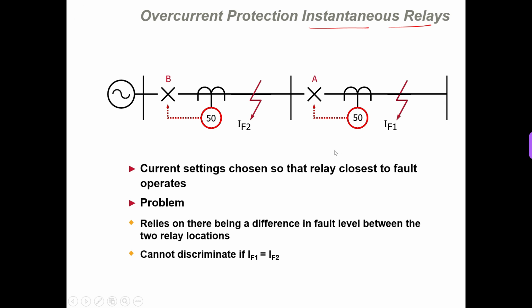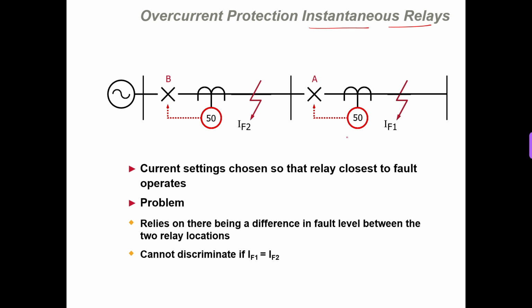Now what we do for coordination with instantaneous overcurrent relays is that we know that both these relays, RB, that is this relay, and RA, that is this relay, operate instantaneously. That means if we set the same fault current for both relays to operate, then there is a chance of misoperation.